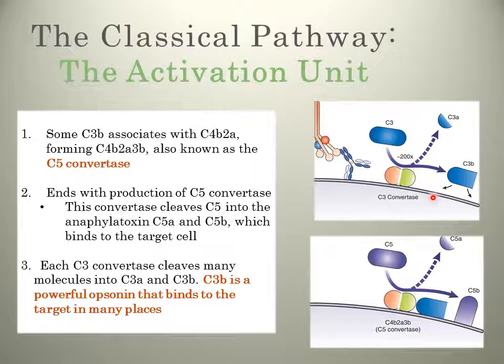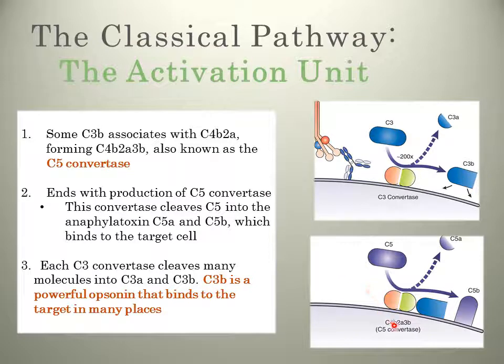Once that C3b attaches to the membrane, it's also going to join up with the C4b2a, and we call it C5 convertase. Why? Because it's the enzyme that converts C5 into its active form.